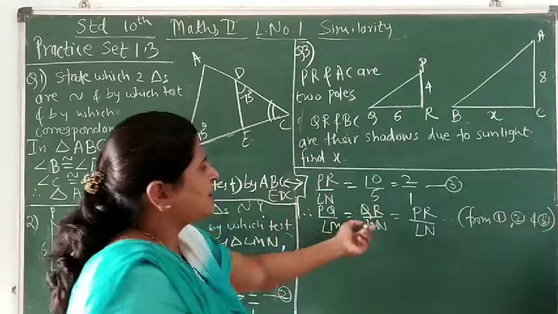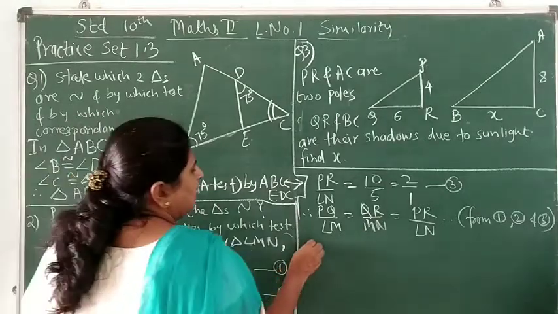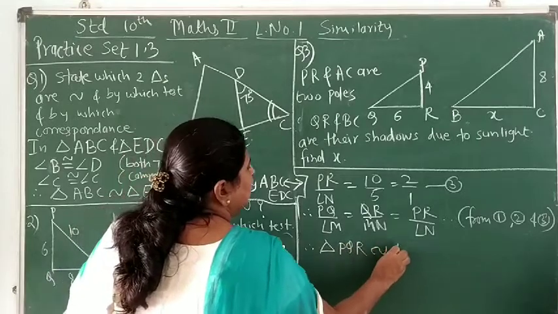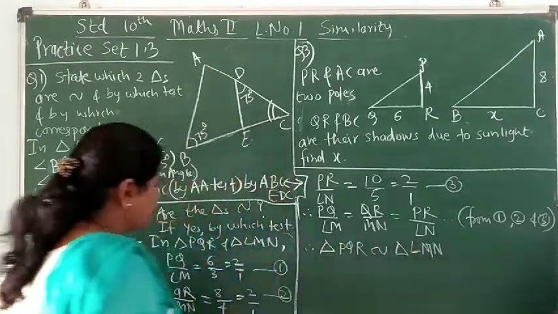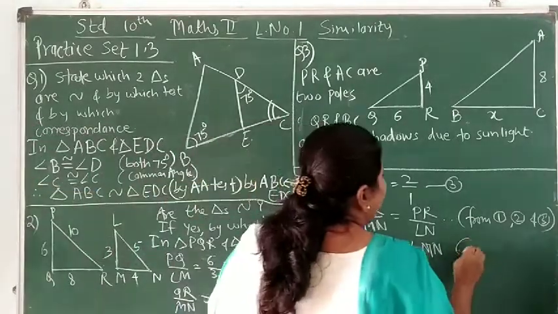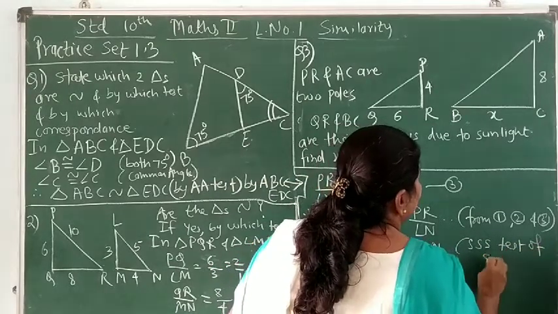Now if the 3 sides of these 2 triangles are in proportion, surely we can say that triangle PQR is similar to triangle LMN, and the test is, as the 3 sides are in proportion, the SSS test of similarity.